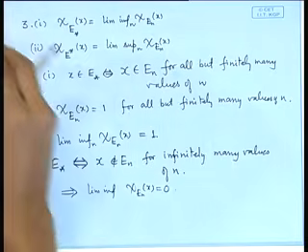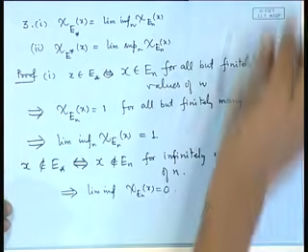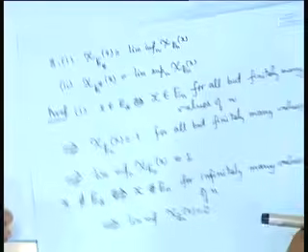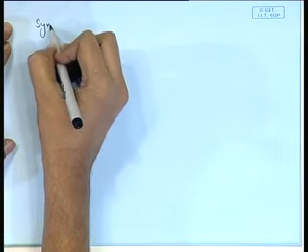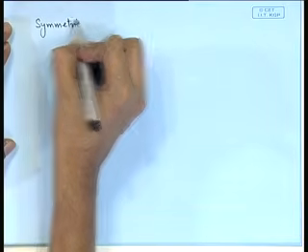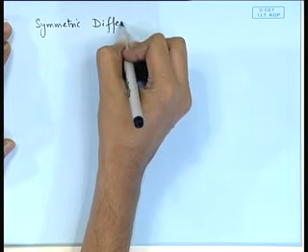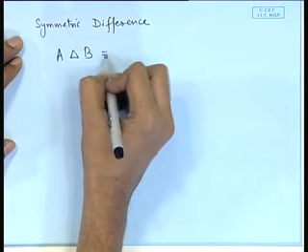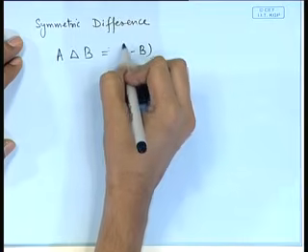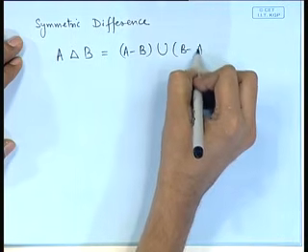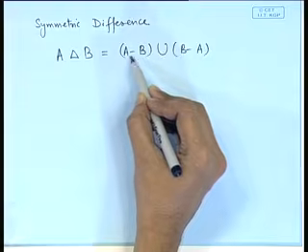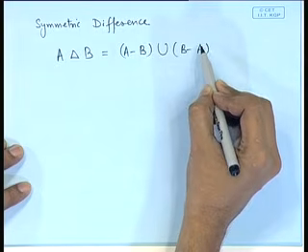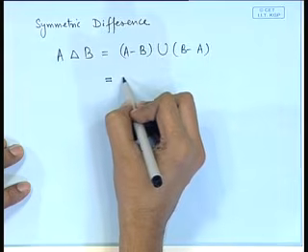A useful relation which is used in set theory is that of symmetric differences. The concept of symmetric difference is defined by A delta B is equal to A minus B union B minus A. So, you can see here that A minus B and B minus A are both combined together, and that is why it is called a symmetric difference.